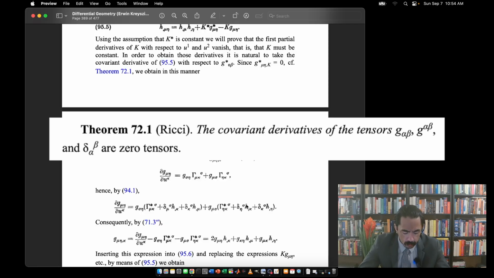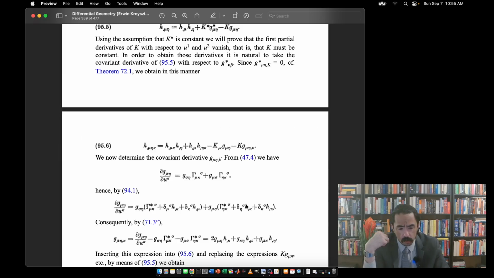The covariant derivatives of the tensors g sub alpha beta, g superscript alpha beta, and Kronecker delta sub alpha superscript beta are zero tensors. So from that, we obtain in this manner that h subscript comma mu eta kappa is equal to h subscript comma mu kappa times h subscript comma eta plus h subscript comma mu times h subscript comma eta kappa minus capital K sub comma kappa times lowercase g sub mu eta minus capital K times lowercase g sub mu eta comma kappa.